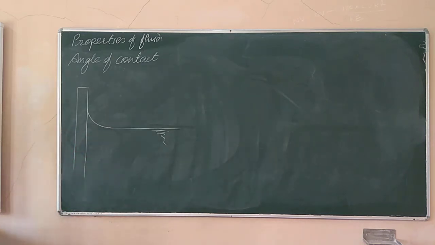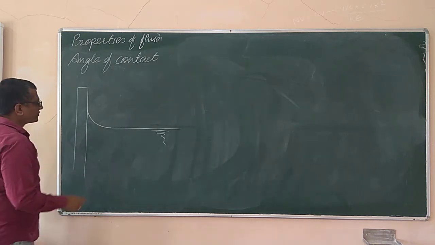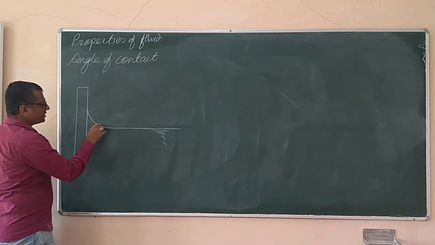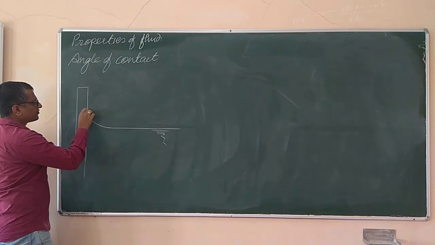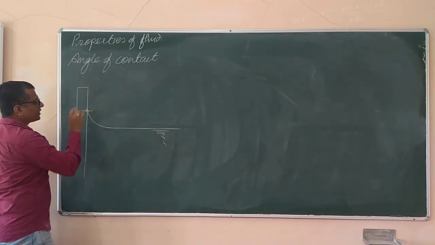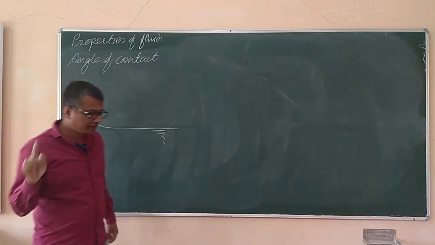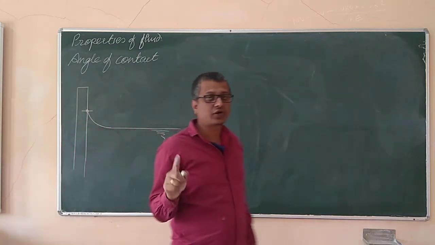Once it takes that shape, this curvature is somewhere going to meet the solid surface, say over here. That is the point of contact of liquid and solid surface, and that too at the free liquid surface.